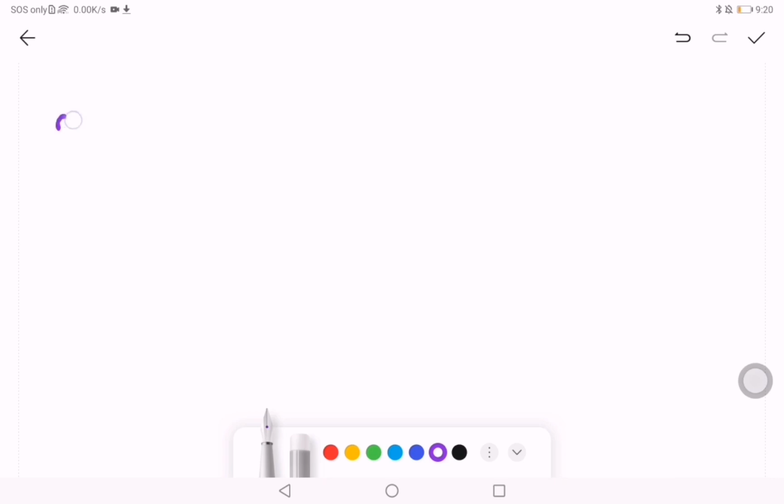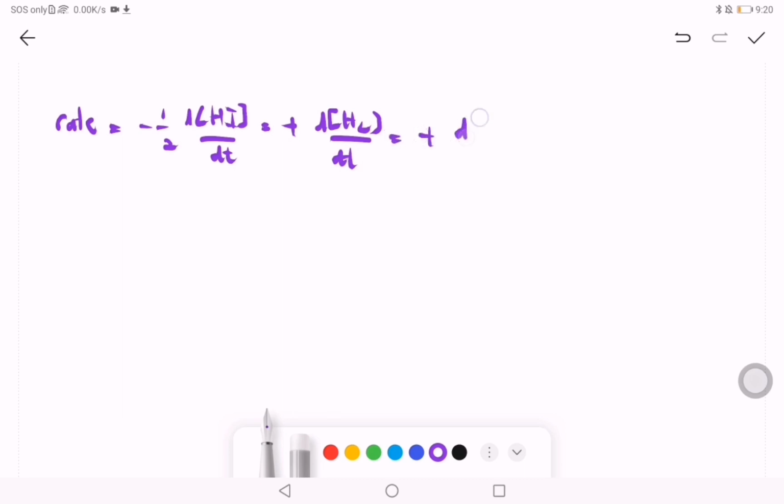So rate equals negative 1 over 2 d[HI] over dt, equals positive d[H2] over dt, equals positive d[I2] over dt.